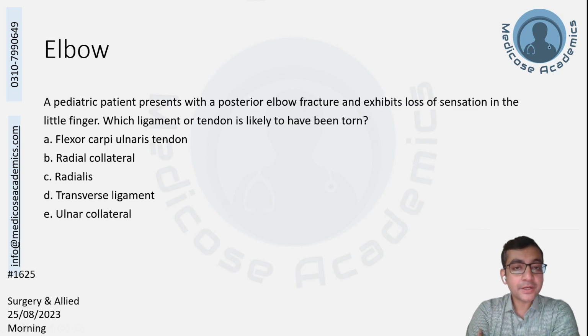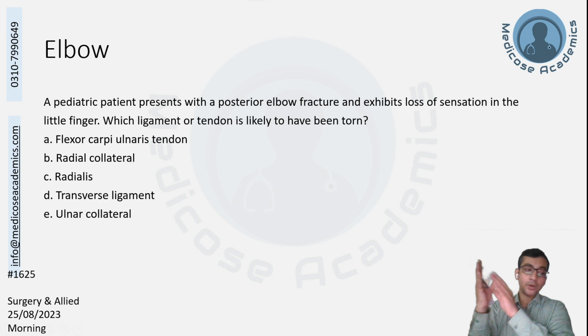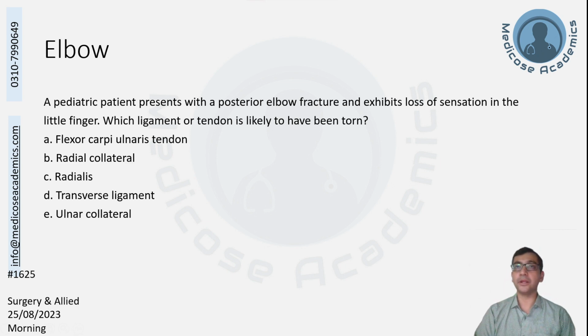A pediatric patient presents with a posterior elbow fracture and exhibits a loss of sensation in the little finger. Which ligament or tendon is likely to have been torn? If there is an injury in elbow and sensory loss of little finger, again it comes down to ulnar nerve. But that's not the question that has been asked.